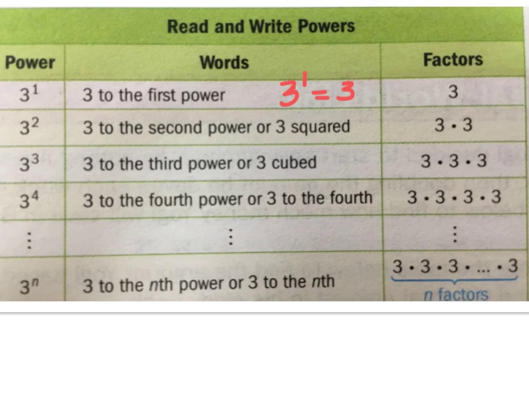That's why you can see at the very bottom we have 3 to the nth power, because that tells us that we can multiply our number 3 by whatever number I decide to put here instead of n. If I decided to write 3 to the 27th power, that would mean I would write out 3 times 3 times 3 times 3 times 3 until I multiplied 3 times itself 27 times. I'm not going to write that.